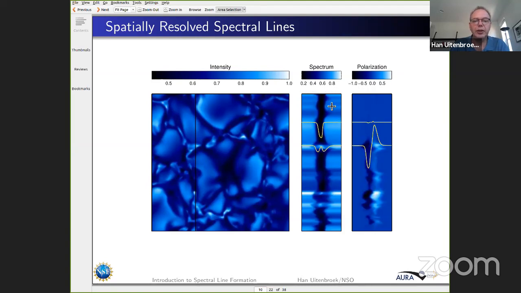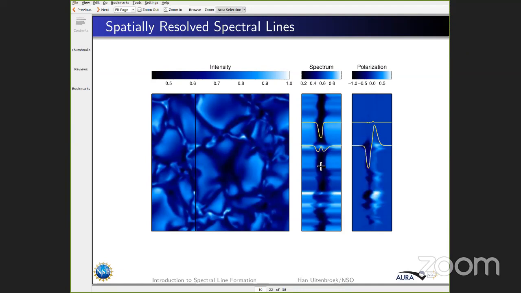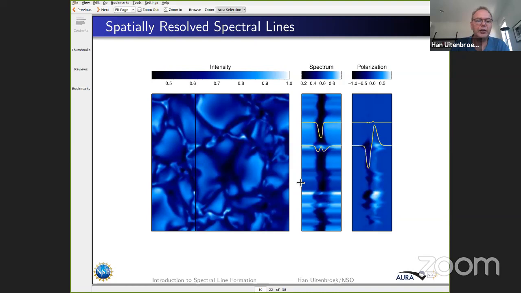This is relative intensity, where the continuum is close to 1, and the line core, the darkest area, is close to 0.2. So this is intensity as a function of wavelength divided by the intensity in the continuum. Okay, so wavelength is on the x-axis. Wavelength is on the x-axis, and on the y-axis, it is position along the slit. Great.